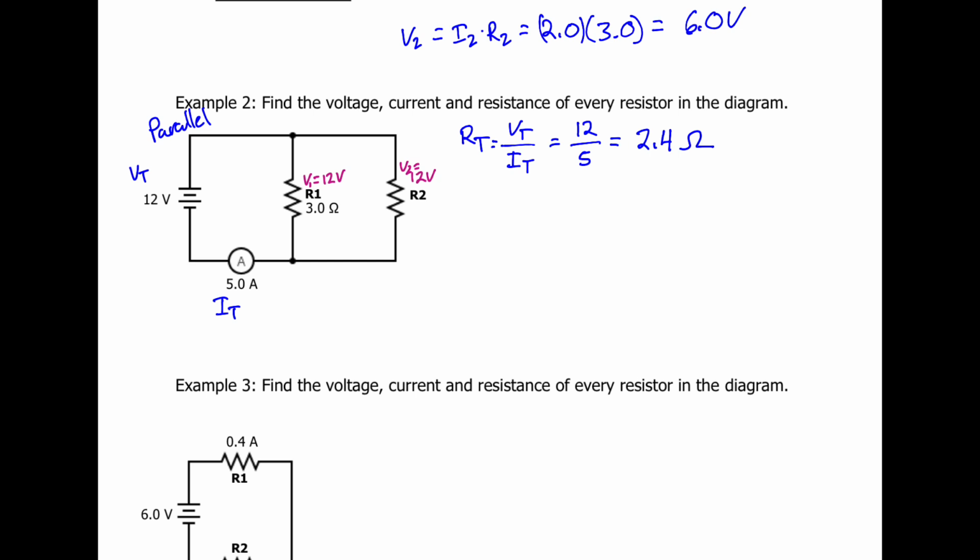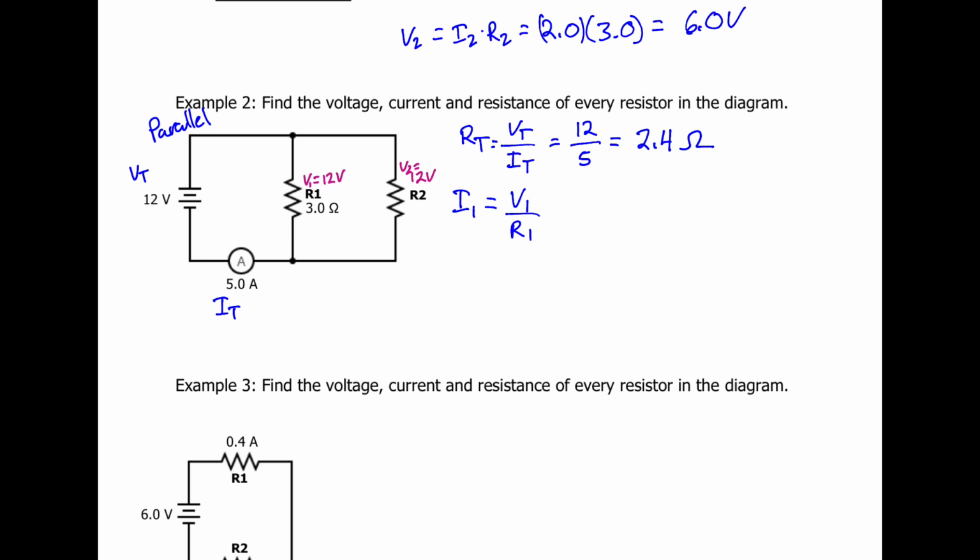Okay, so next one we want to do, we have all the things we need here. We have 2 out of 3 here, so we're going to find this one. So let's find the current here. We're going to look for the current at 1, which is going to be the voltage at 1 divided by the resistance at 1. So we're going to use Ohm's law for 1 in the next case.